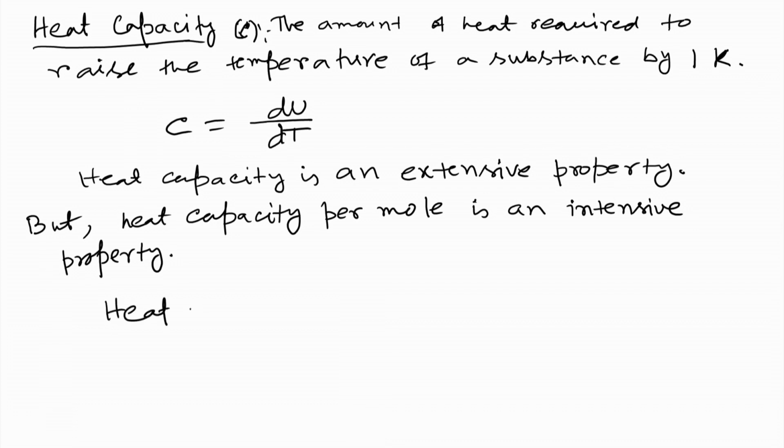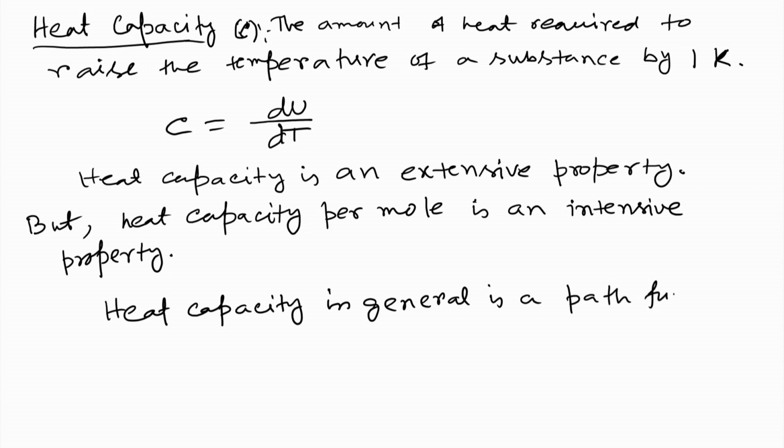Heat capacity in general is a path function, because we get different heat capacity values if the process is carried out at constant volume or at constant pressure.